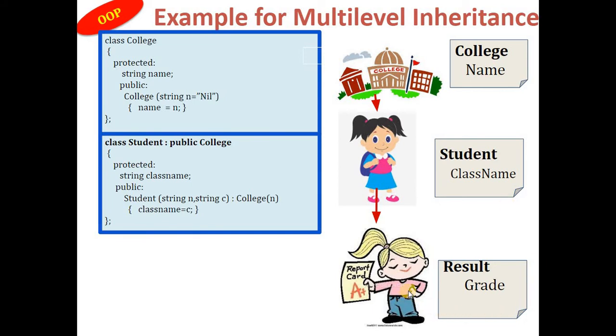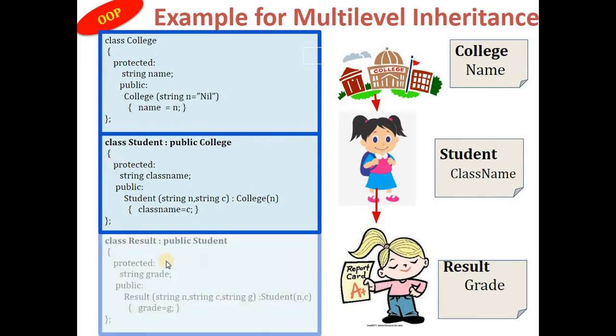So when we have declared class result, you have to have class result colon public student because it is deriving the property from class student. Now result class will have three parameters, one for student, one for college and one for its own.